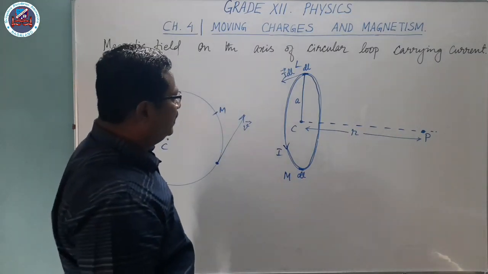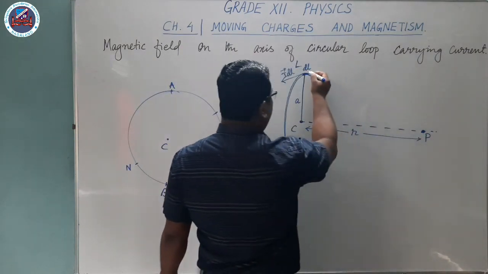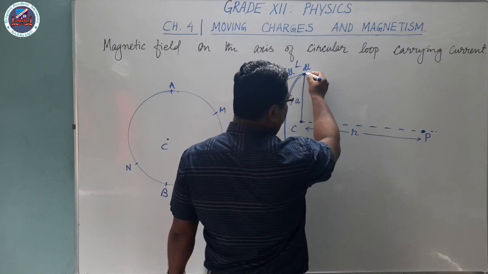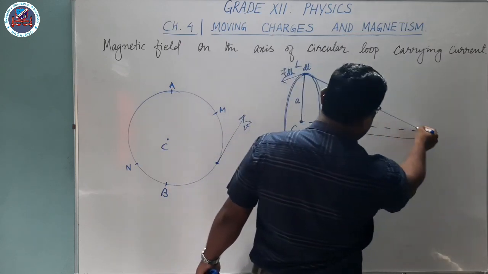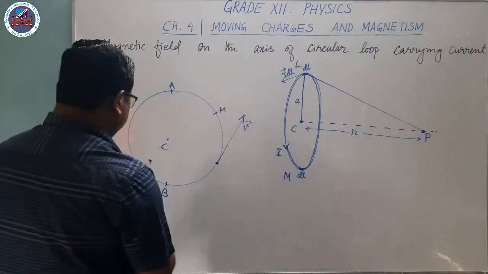Now, to find out the magnetic field at point P, to apply Biot-Savart's law, this distance you have to find out. I'll write down a few lines here.